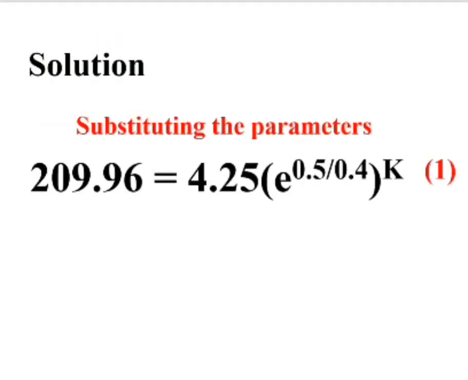It's pertinent to know that for us to proceed, we will need to substitute these values into the model. And so we're going to have 209.96 equal to 4.25, multiplying exponential of the initial and the final solution pH ratio raised to power k.